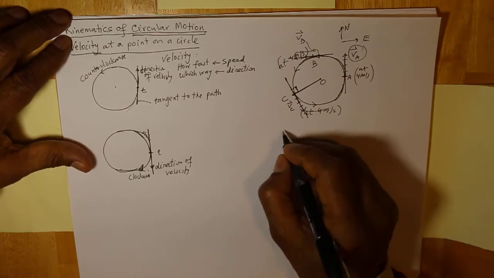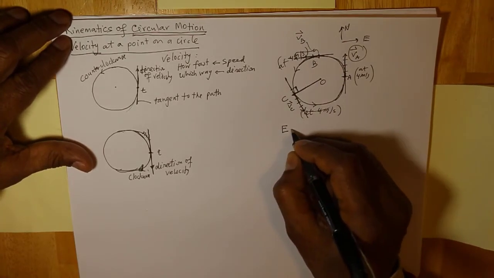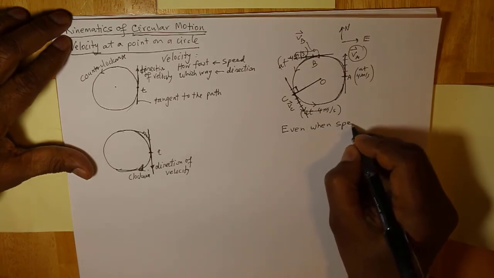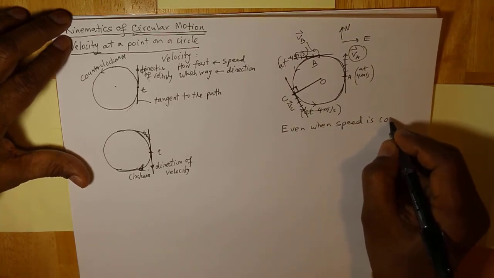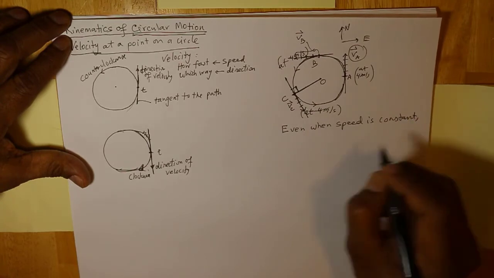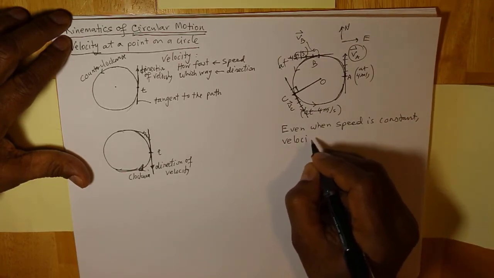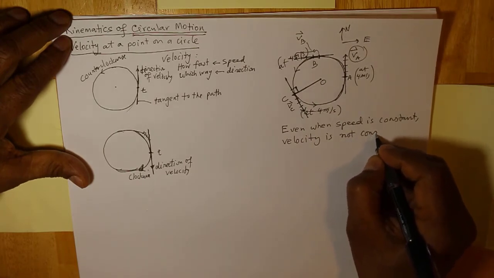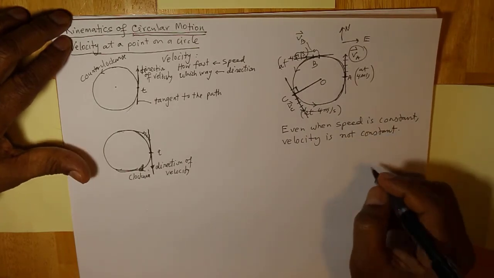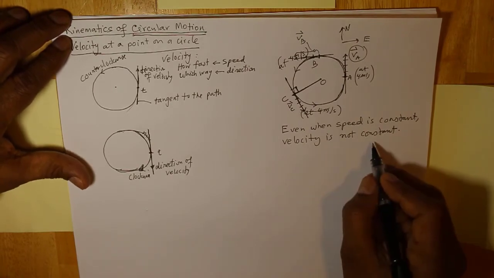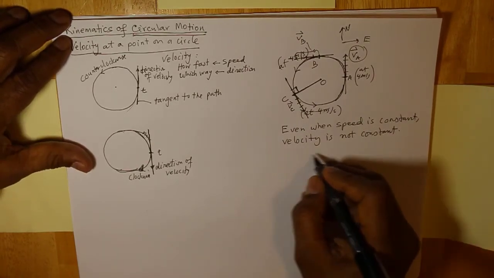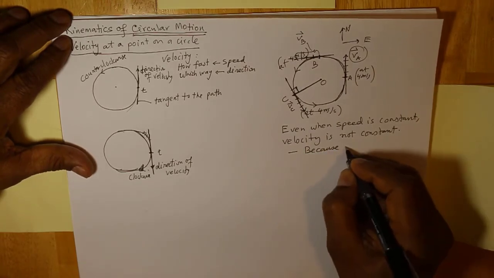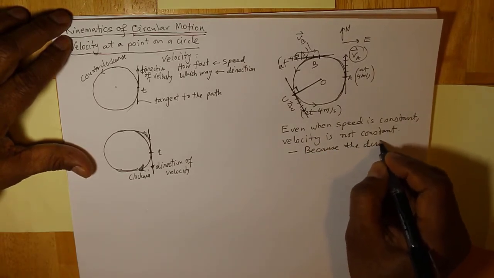So the observation is, even when speed is constant, velocity is not constant. And so, wait a minute, why is velocity not constant? Well, velocity is not constant because the direction is changing.